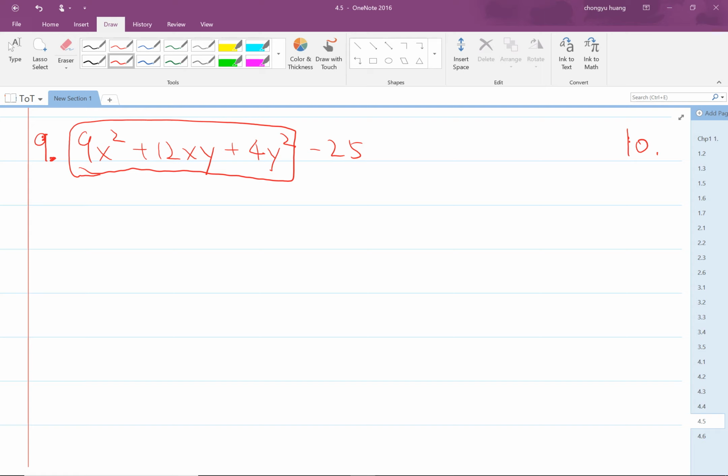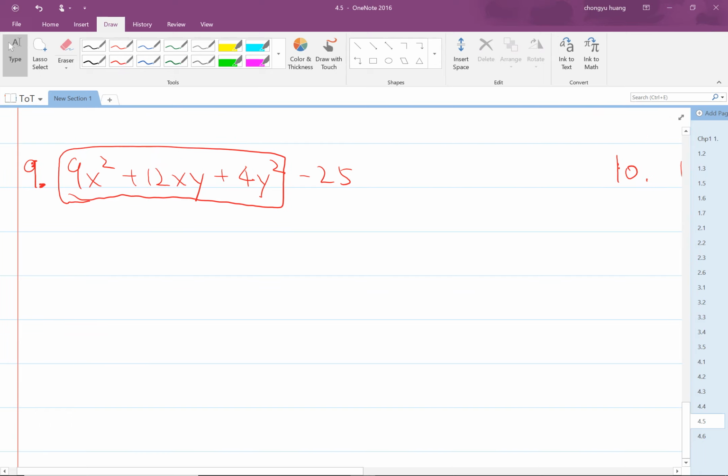So you should be able to see that we can use the basic method, the method we used to solve trinomials before. That's what we're going to do here.